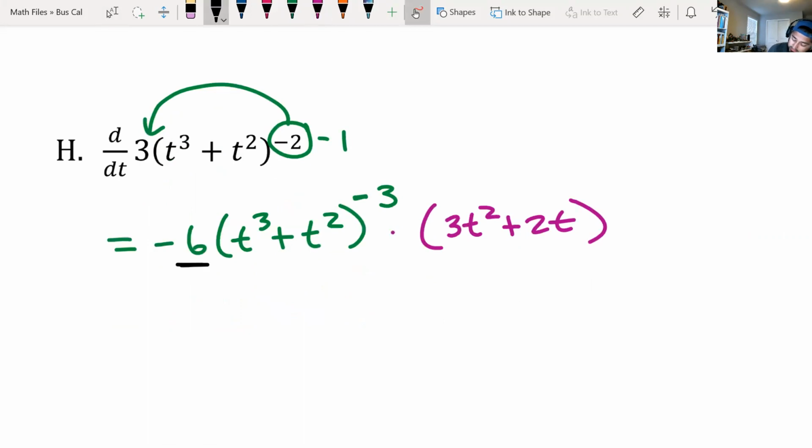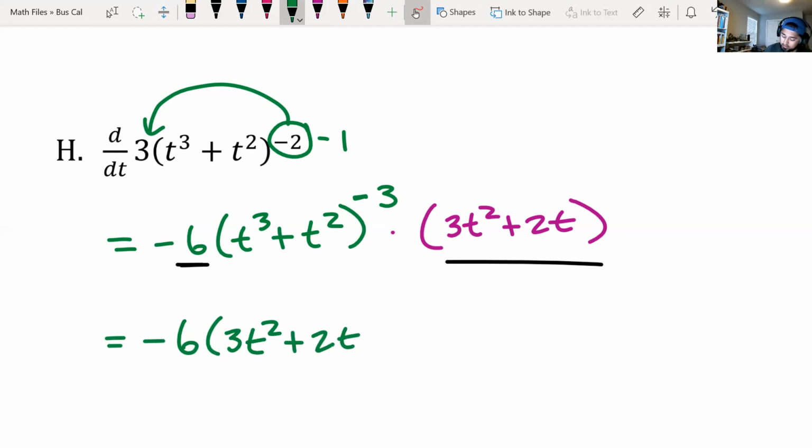And then negative 6 times all of that, just like the one we did on the other page. I'm not going to distribute them together. I'm going to rewrite it just as negative 6 times (3t squared plus 2t) times (t cubed plus t squared) to the negative 3. Okay.